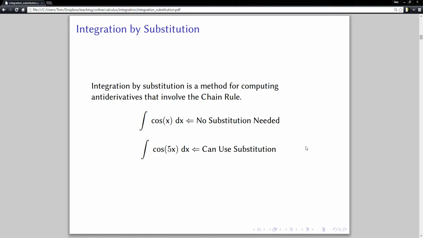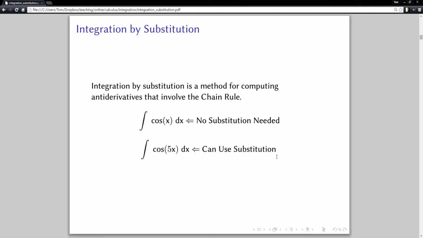Notice if I were going to take the derivative of cosine of 5x, that would involve the chain rule, because the inside part is not just x, but something more complicated. So likewise, when I take the antiderivative, I'm going to have to take that chain rule into account, and that's what integration by substitution does for you.